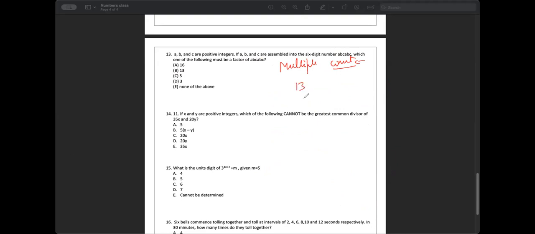Now, if 13 is also there, 7 is also there, 11 is also there, then there will be a problem with that method. Because once we have only one correct option, you can eliminate the wrong ones easily. But if we have multiple correct options, it'll be a challenge. So this is how we can go about it.